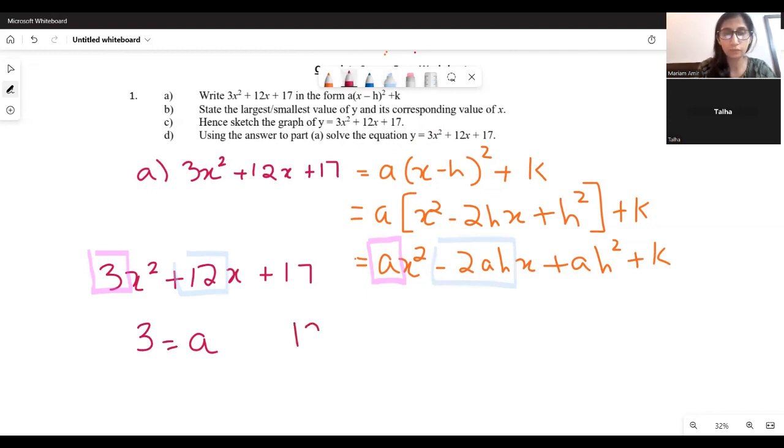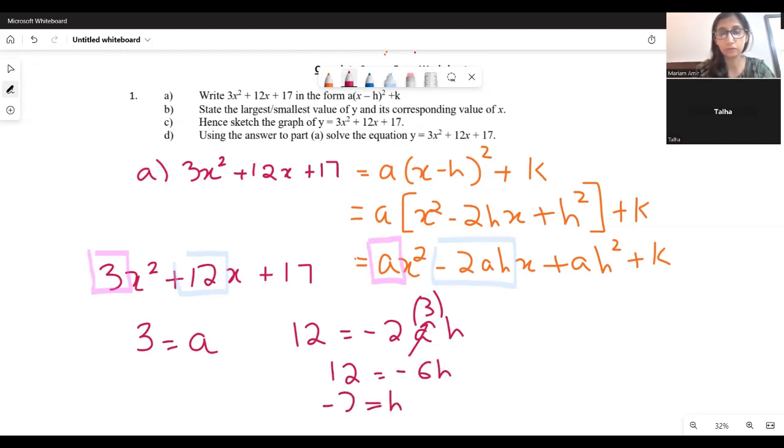So 12 equals −2ah and a is 3. So 12 is equal to −6h and h is equal to −2.